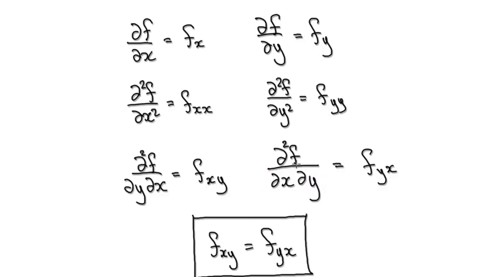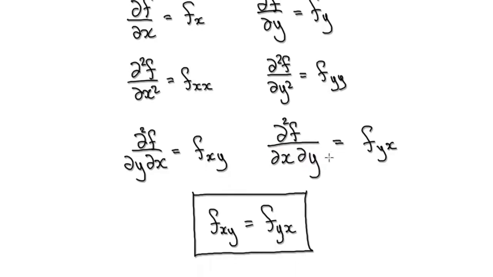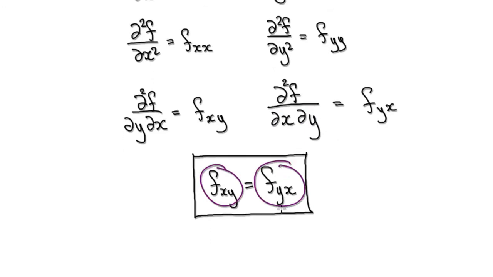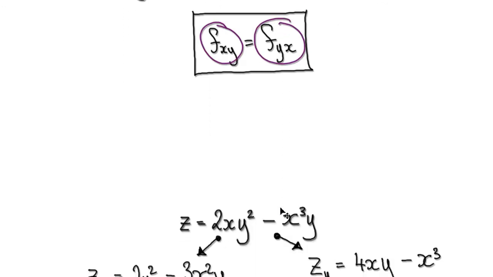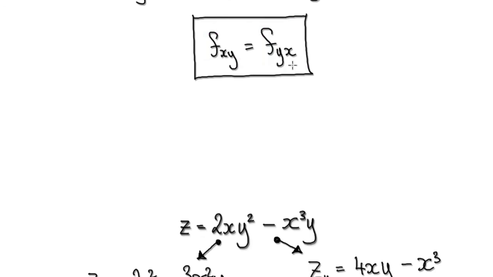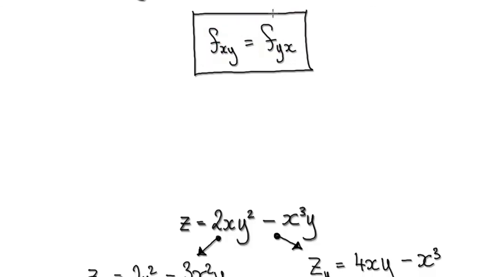Something you have to accept for the time being is that it doesn't matter which order you do it in. These two will always be the same. So let me illustrate it with our surface.